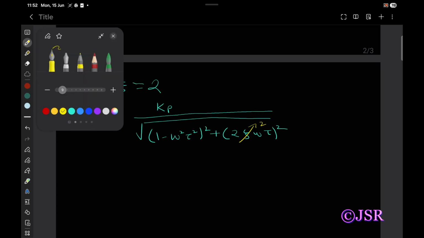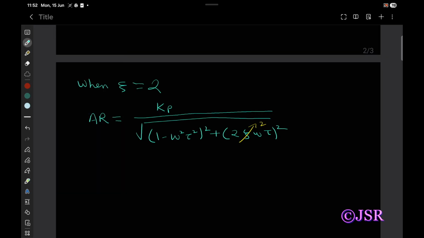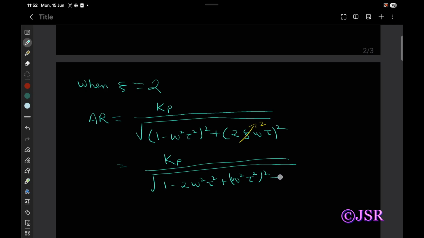So finally we will get here AR equal to Kp upon square root of 1 minus 2 omega square tau square plus omega square tau square whole square, and then plus 2 to the 4 omega tau whole square.